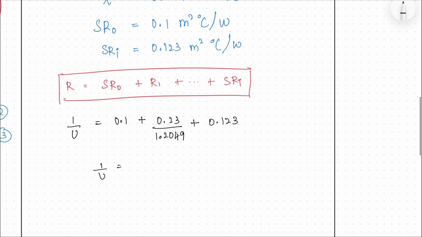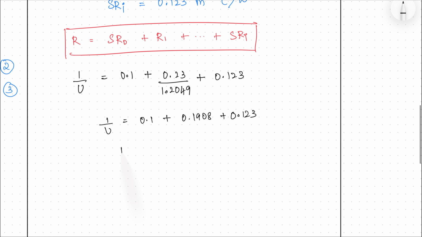And when you solve everything, you'll get, let me do it. So this is the R value. And remember, they have asked us the R value. They did not ask us the U value. So you have to stop solving it here itself and write it as the R value. If they asked us to find the U value, then you reciprocate it and you find the U value of it. Now let's move on to the second part of the question.